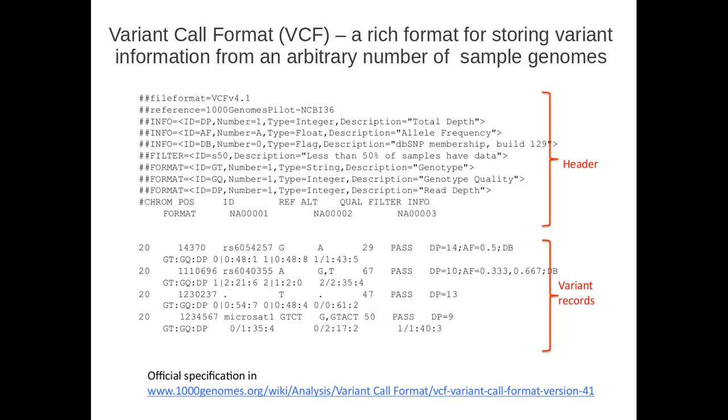It's a very rich format, storing variant information from many sample genomes together. It can handle SNPs, insertions and deletions, translocations, and other types of structural events. So it's a very rich format, to say the least.